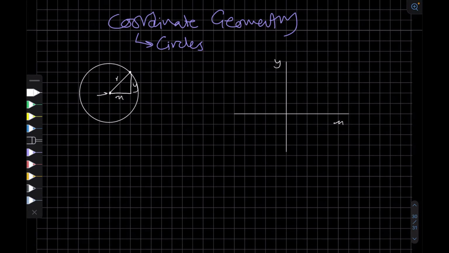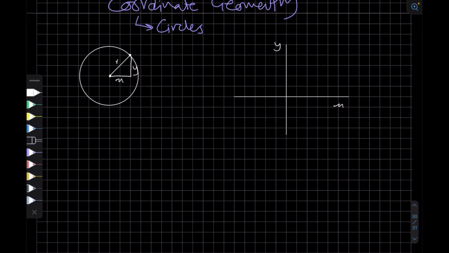Given that my center is currently at the origin, we notice that this makes a right angle triangle, and applying Pythagoras' theorem we know that x squared plus y squared equals r squared. So this is the equation of a circle with center at the origin and radius r.